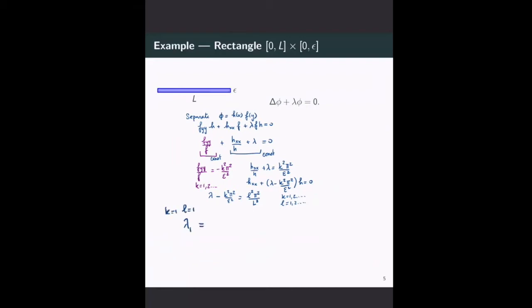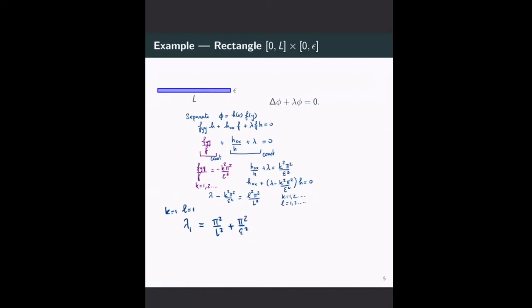So it's going to be pi square over L square plus pi square over epsilon square.